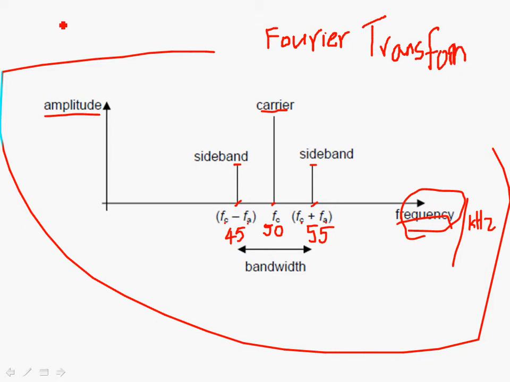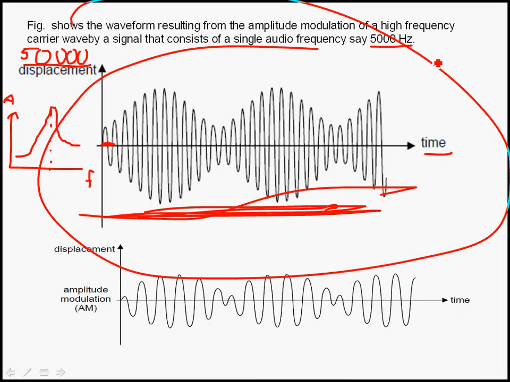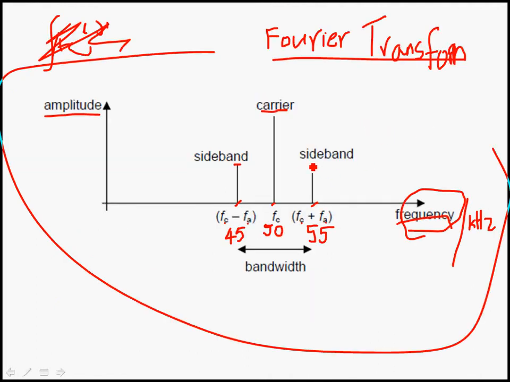It's a mathematical function involving an integral of e to the power of i 2 pi k and so on. We don't need to know the mathematical function now, but we know that a Fourier transform changes a time domain graph into a frequency domain graph.